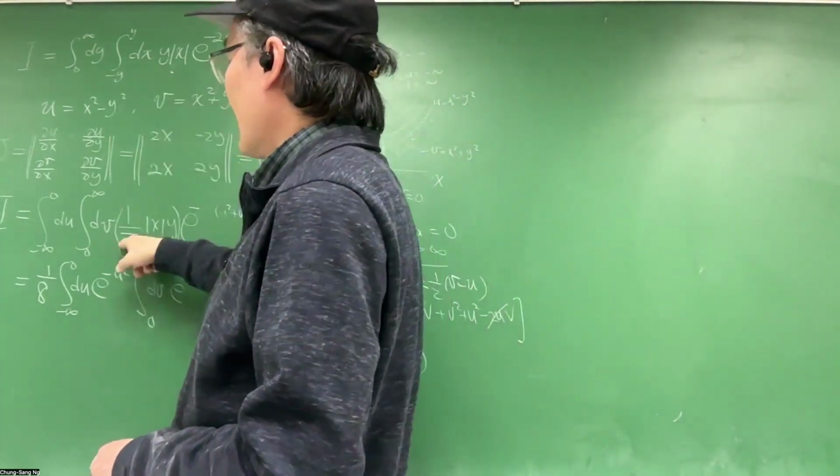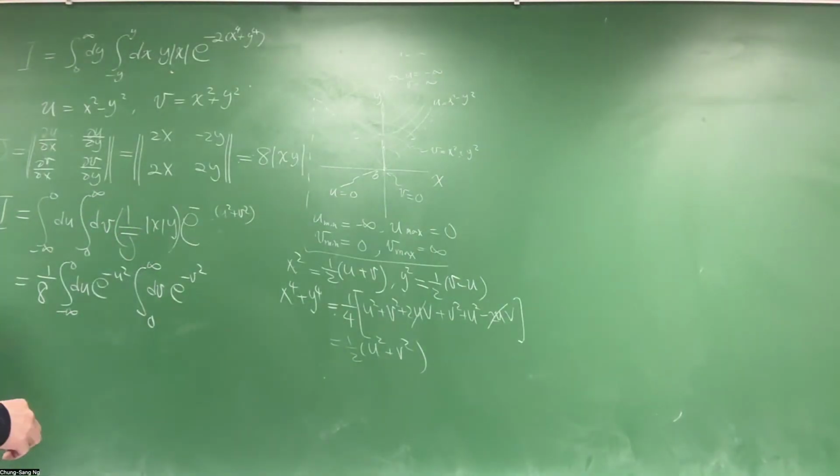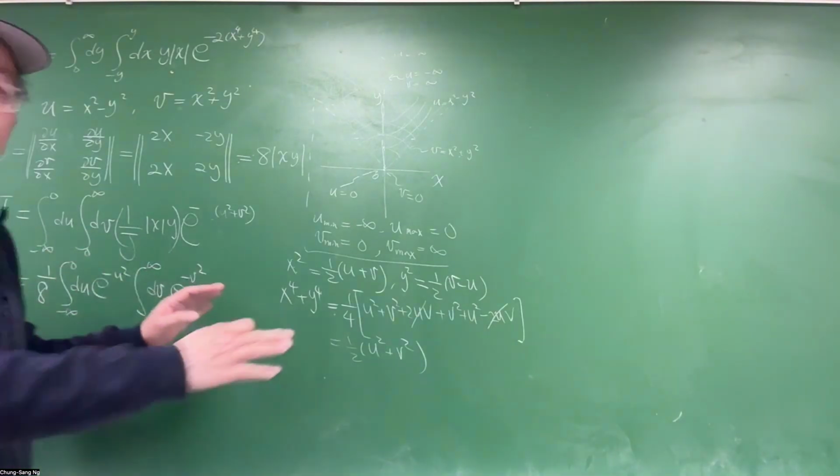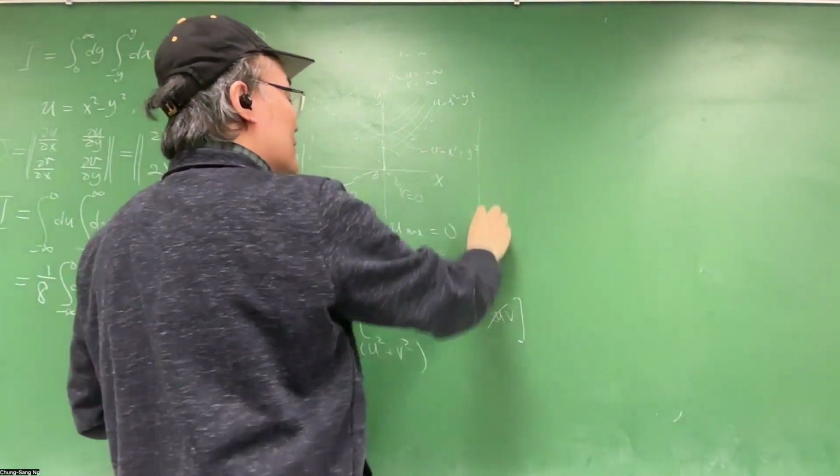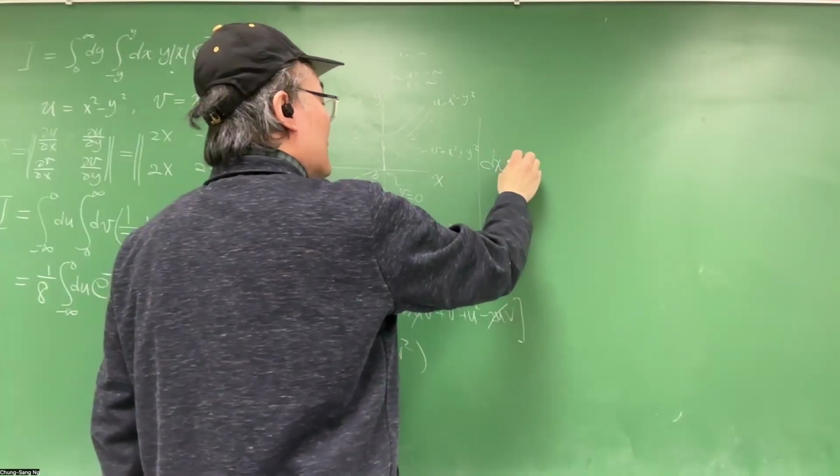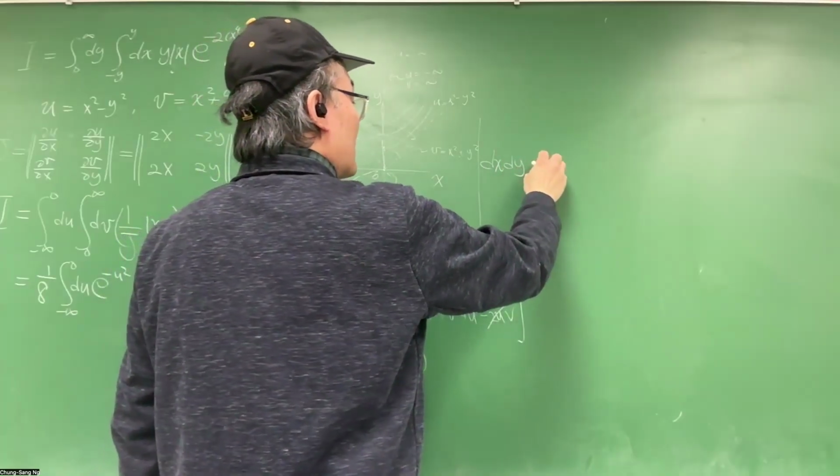Why is this one? I erased that one. So that is how we do variable transformation, multivariable transformation. You multiply by or divide it by the Jacobian, right? So let's see, let's do some spacing. So dx dy is the Jacobian.